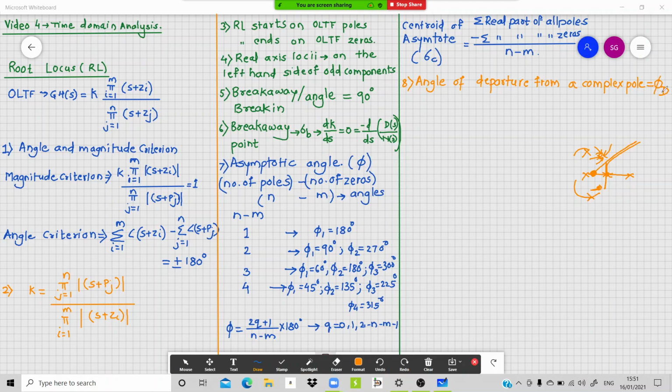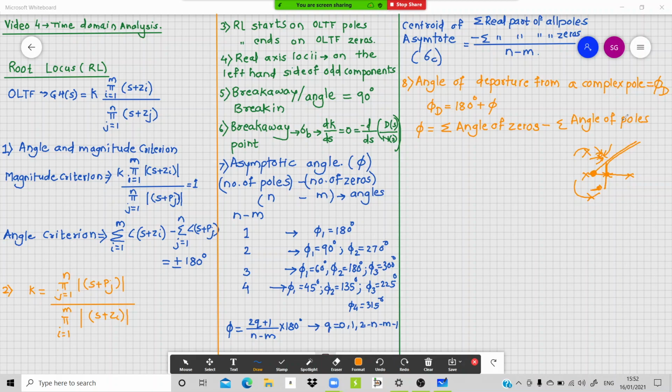And the formula for phi d is phi d is 180 plus phi. So what is this phi? This phi is the summation of angles of zeros minus the summation of angles of poles.